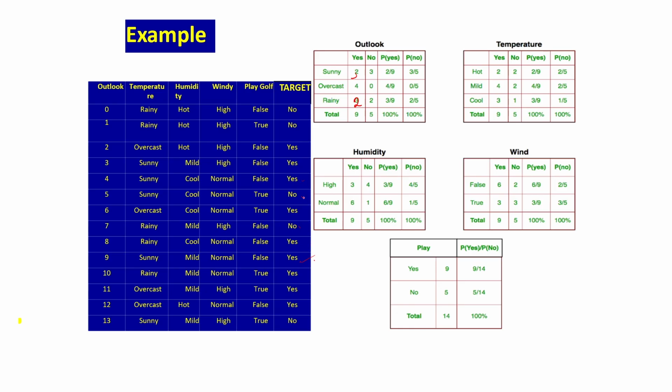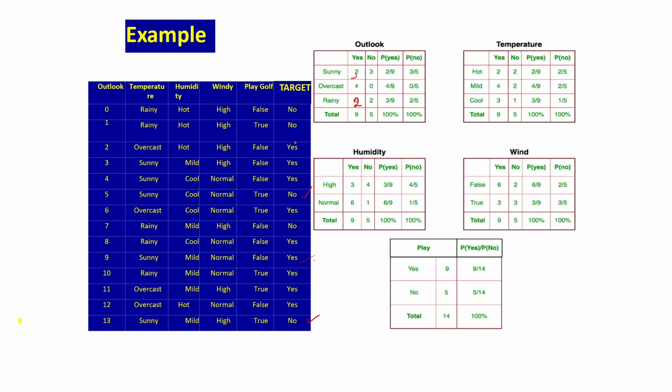Sunny, no. Sunny, no. And there must be another sunny, no, right? Rainy. Okay.